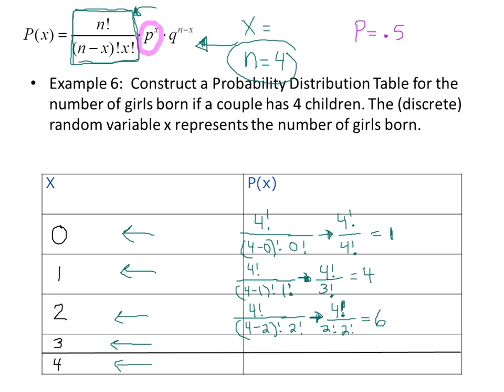So then what we have now is the probability of a failure according to the definition for binomials. Q would be the probability of a failure. So Q is 1 minus P. So it's still 0.5. So girls is a success and boys would be considered the failure, because we have to assign x to be something, and in this case it's the number of girls, so x would be the success.